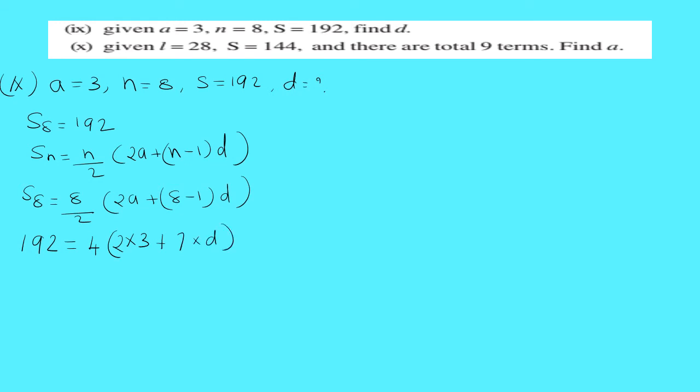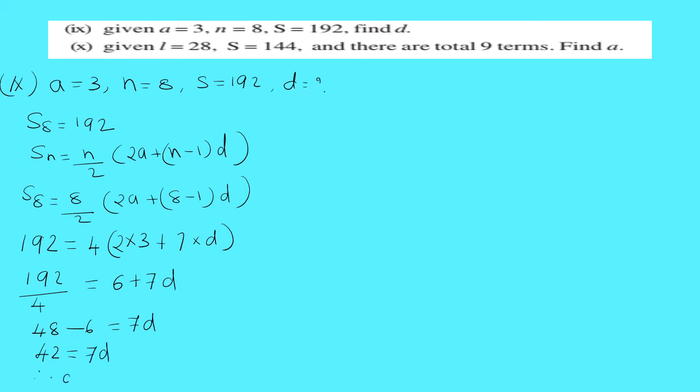And you are getting 192 upon 4 equal to 6 plus 7d. 192 upon 4, that is 48, minus 6 equal to 7d. 42 equal to 7d.